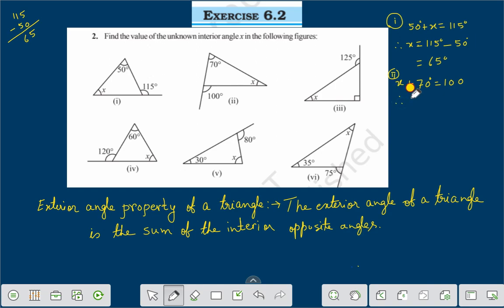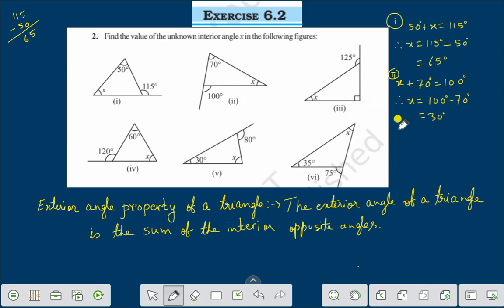Therefore, x is equal to 100 degree minus 70 degree, and that comes to 30 degree. Therefore, it is 30 degree.